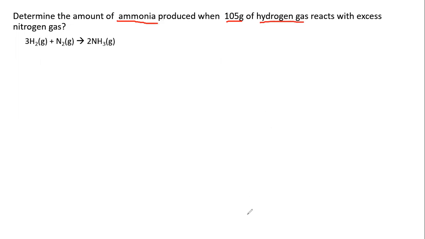So again, if we were to make a flow chart, we're going to be starting with mass of H2. We're going to convert that to moles of H2, then convert it to moles of NH3, and then finally mass of NH3.